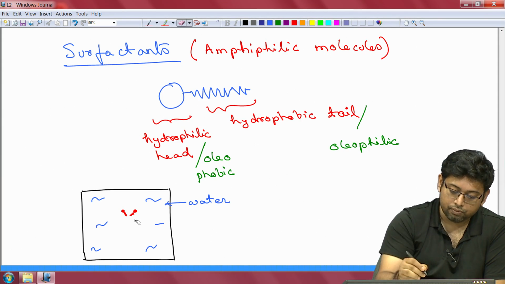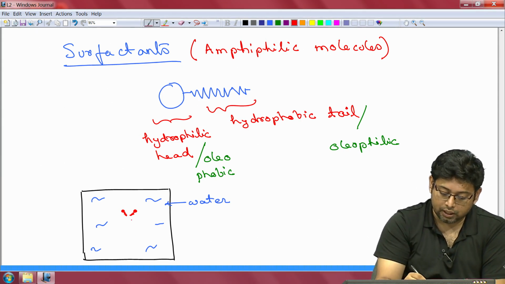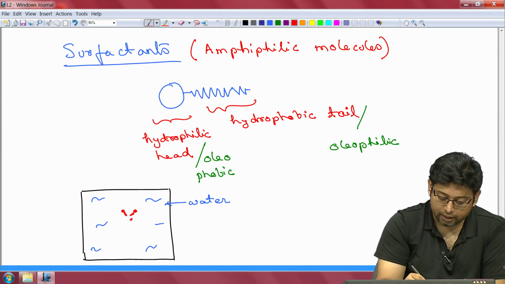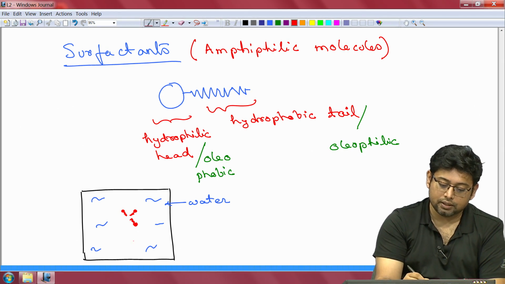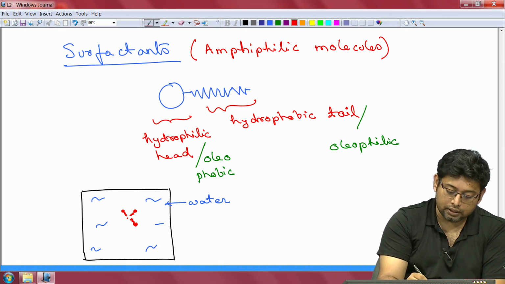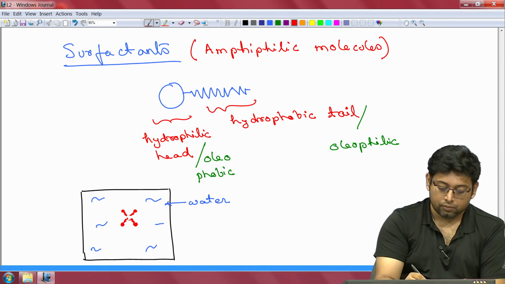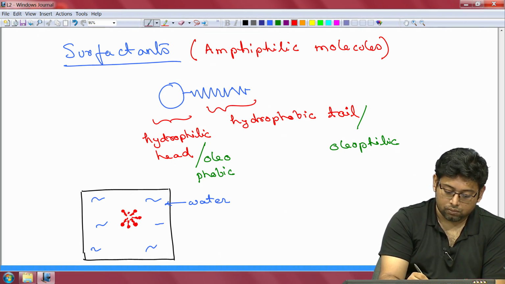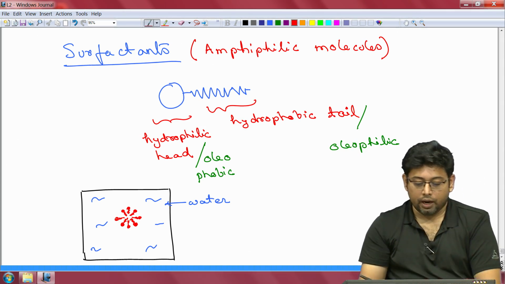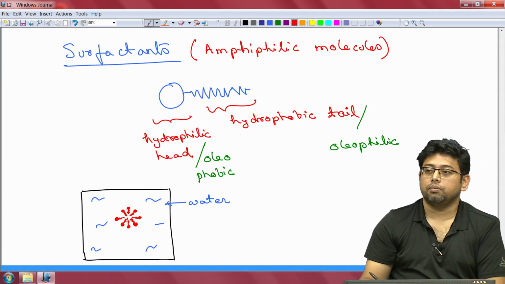directed outwards, and these micelles form only when you reach a certain critical concentration of the surfactants. And what will happen is, once you have that critical concentration, the hydrophilic heads will all arrange themselves outward, and all the tails will be inwards.